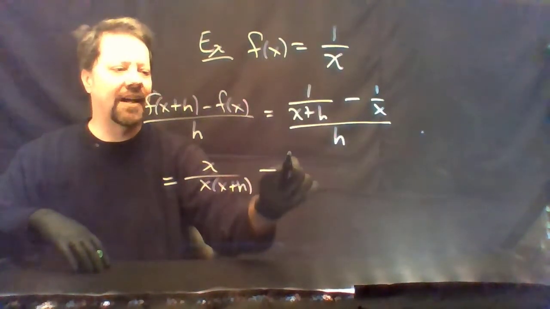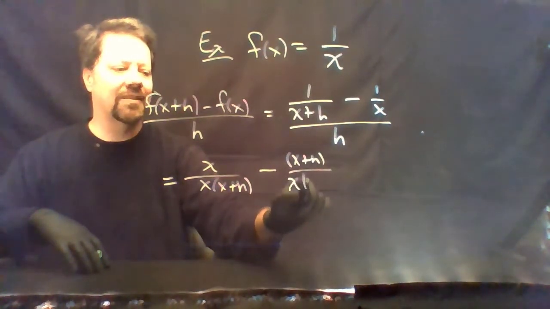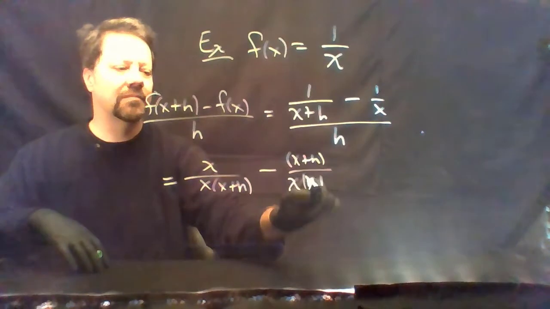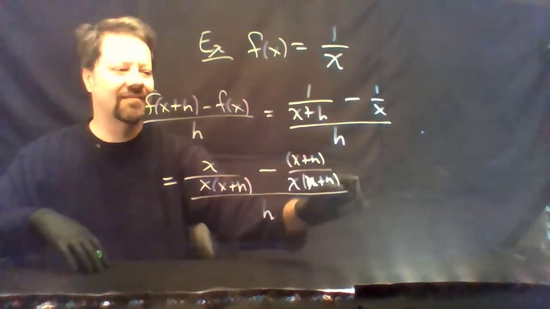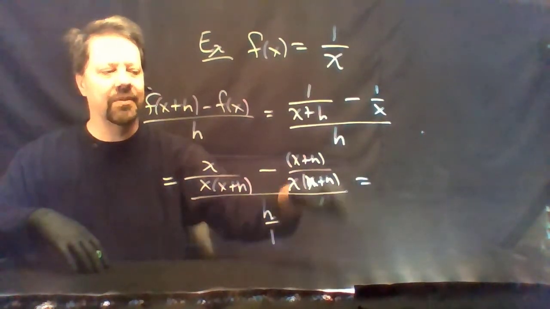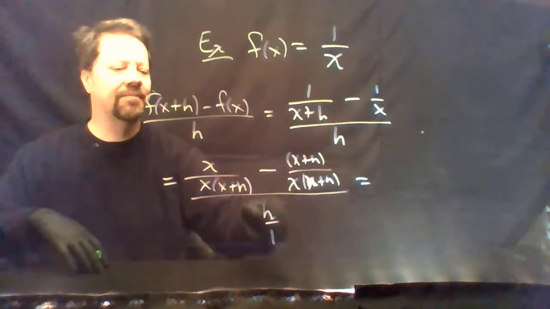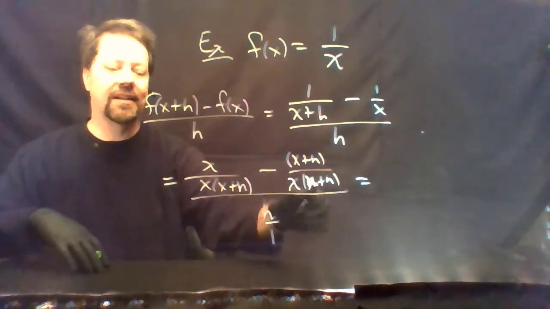On the second term, I have to multiply by x plus h over x plus h. We're still all over h. Remember, when you divide fractions, you invert and multiply. Now, in the numerator, we have a common denominator.